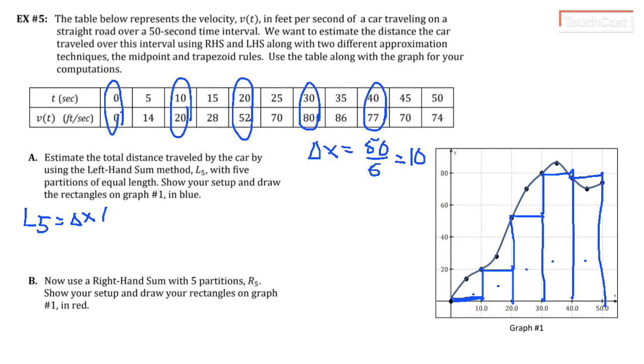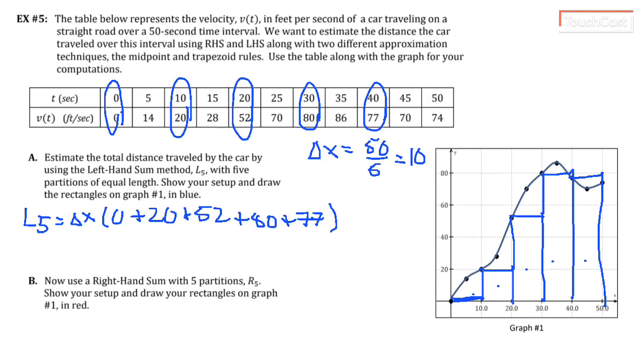So we're going to take delta x times 0 plus 20 plus 52. We're taking the value at the function. Plus 80 plus 77. It's kind of nice when they have this table here for us.